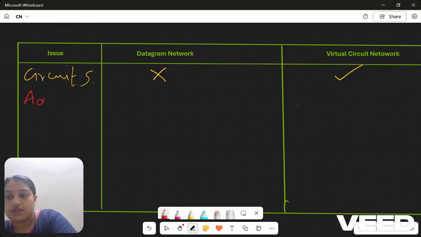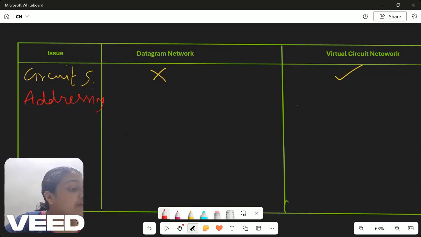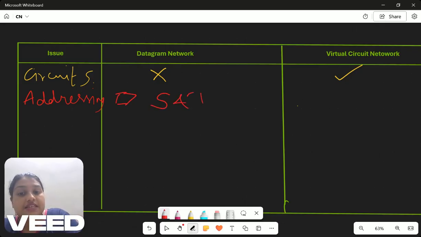Then we have addressing. The next issue is addressing. Bear with my handwriting, please. Each packet contains the full source and destination address. So in datagram network, each packet will contain all its source and destination address. Okay, this thing is the packet.